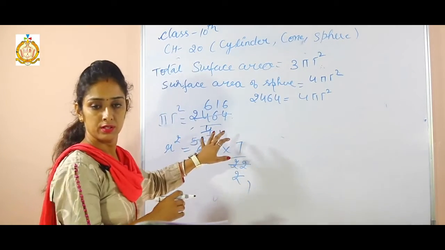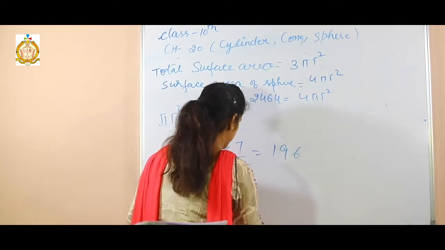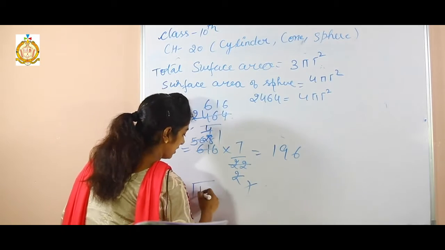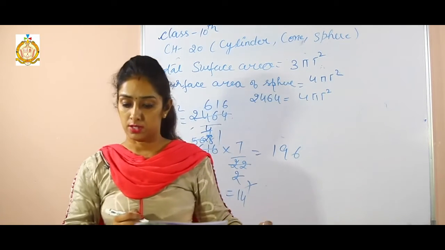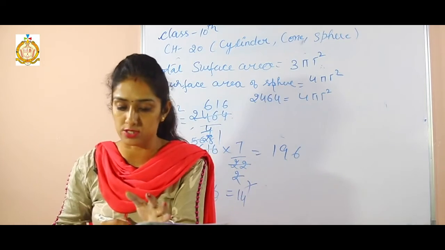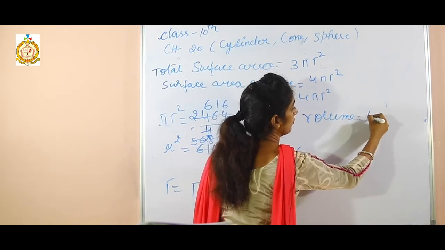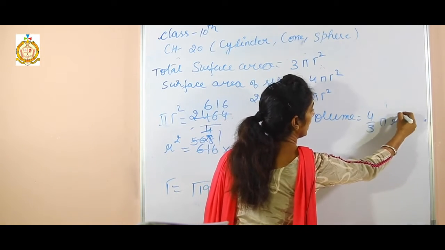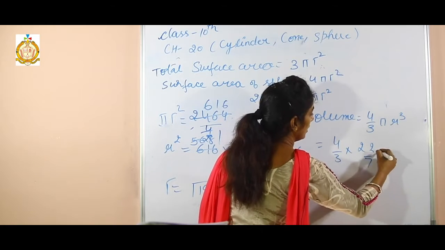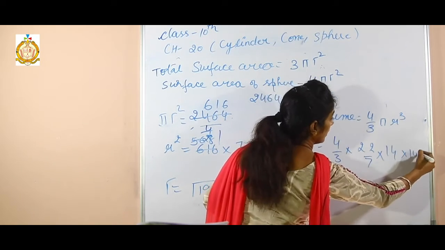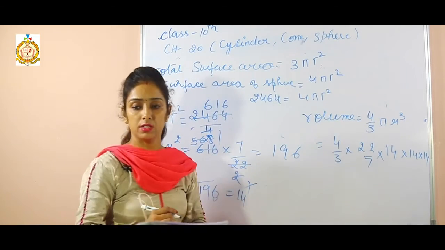Now here, after cutting it, we get 28 times 7, which is 196. Now r is the square root of 196, which is 14 centimeter. Sorry, this is the radius, we do not have to put a square. Now again the volume is 4 by 3 pi r cube, that is 4 by 3, 22 by 7, 14 into 14 into 14. After solving it, you get an answer.